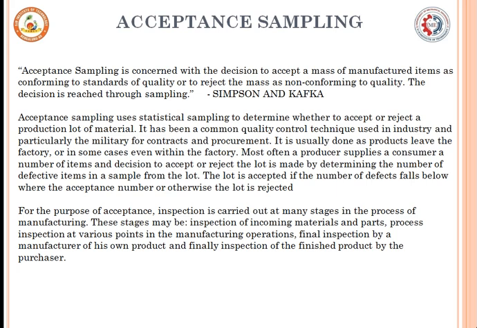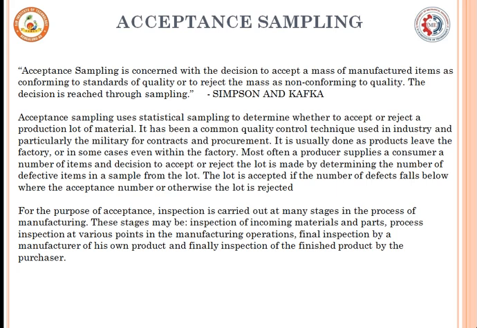It has been a common quality control technique used in industry and particularly the military for contracts and procurement. Most often a producer supplies a consumer a number of items, and the decision to accept or reject the lot is made by determining the number of defective items in a sample from the lot. The lot is accepted if the number of defects falls below the acceptance number, otherwise the lot is rejected.